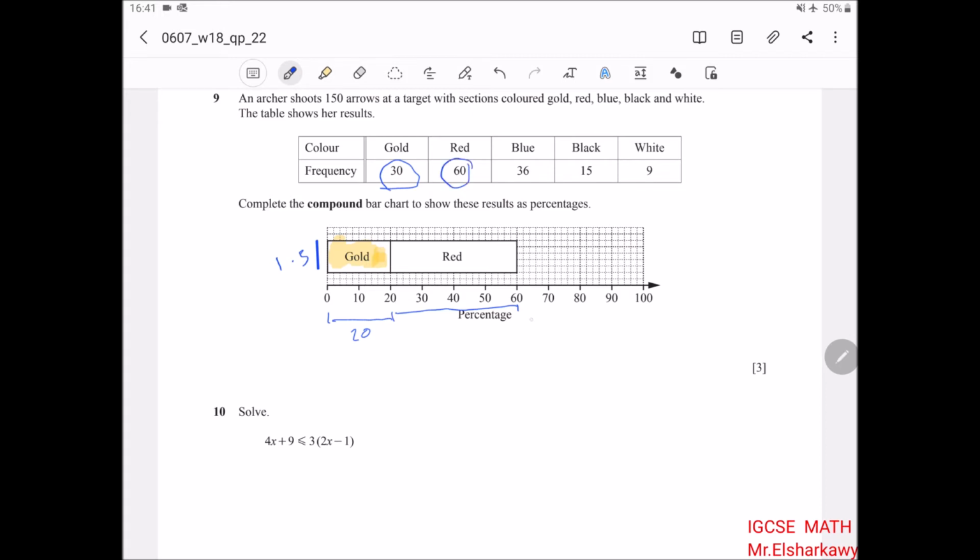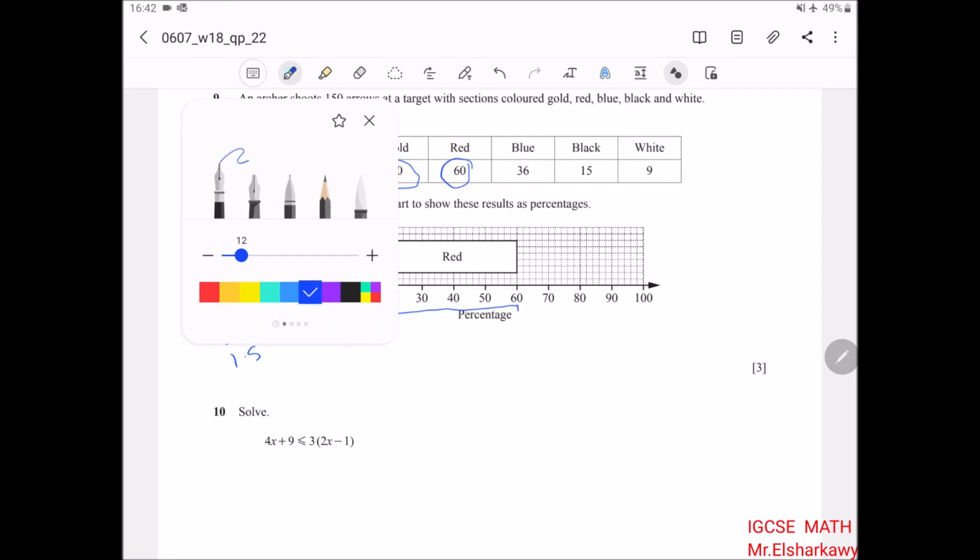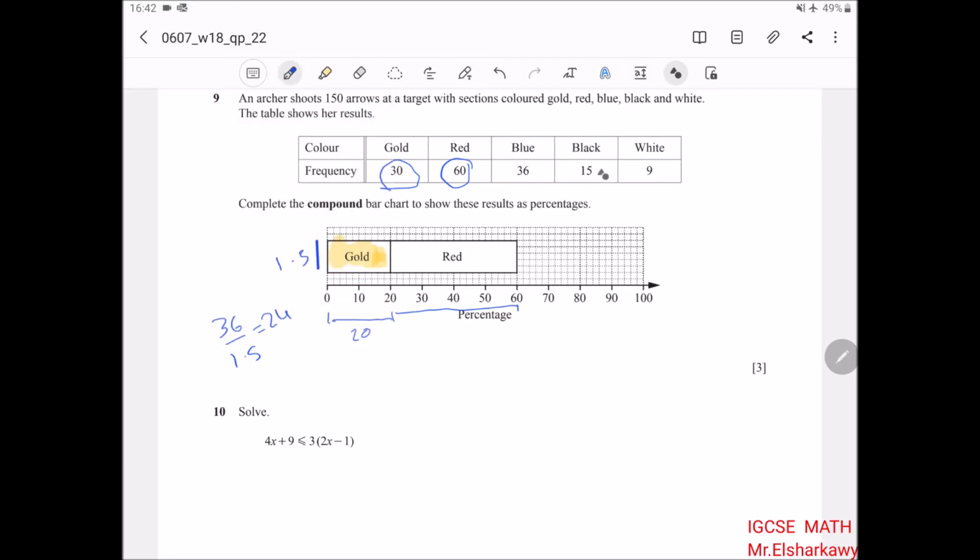For blue we want 36, so to find the width, it is 36 over 1.5. This is 24, so it's from 60 to 84, with the same height. This is blue.